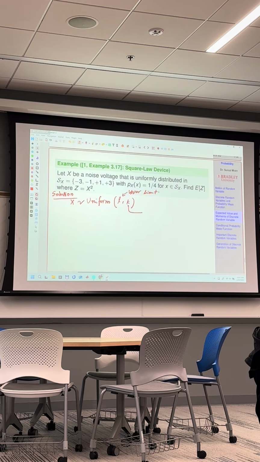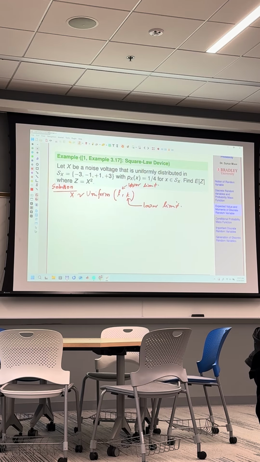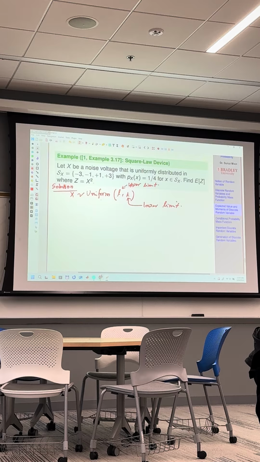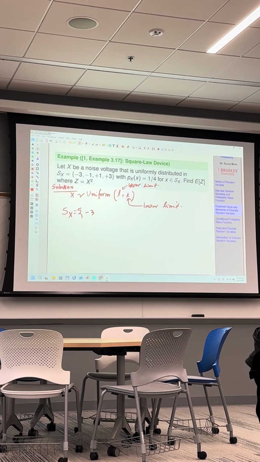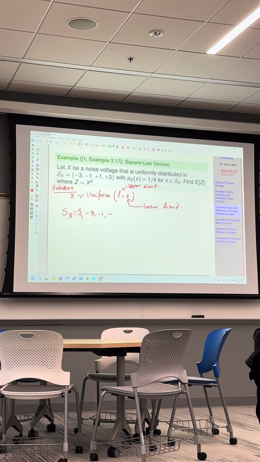The PMF is also given, and the range S sub X is given as -3, -1, +1, +3.